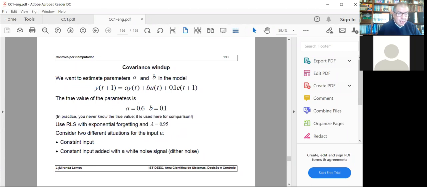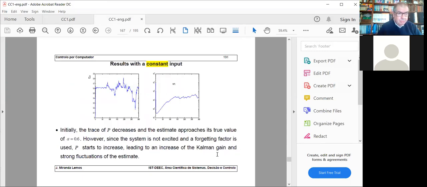In one case, U is just constant. In the other case, I add to this constant a noise signal, okay? Noise which is independent of that one. So I generate random numbers independently and I add them to the input, okay? So 2 different experiments. Let's see what happens.